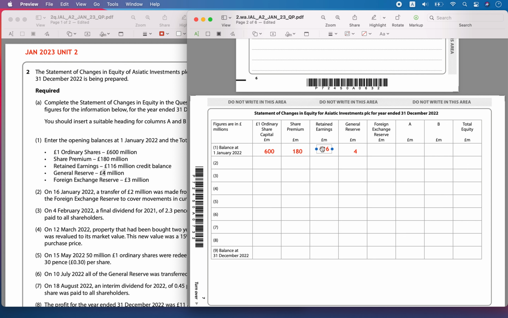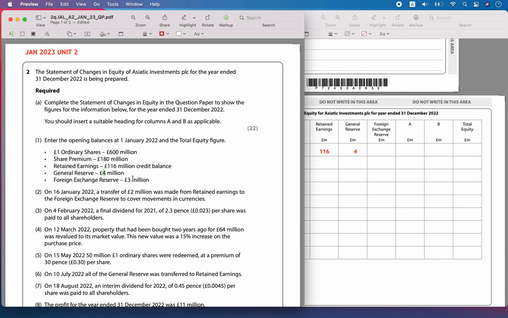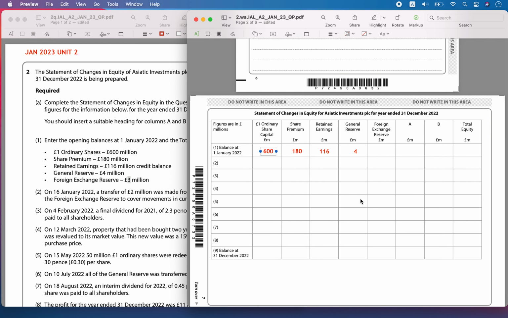For the retained earnings, if it was a debit balance, you would have to enter it as negative, but here they have given it as a credit balance, it's a profit. So you will enter a positive value, 116, retained earnings from the profit. Then general reserves 4 million. Then foreign exchange reserves is 3 million.